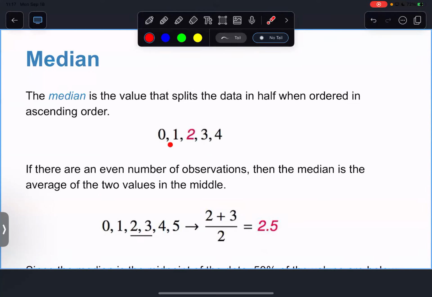And what do we have to do if we want to split our data in half? Well, we have to sort it first. Okay, so step number one here is step one, sort your data from smallest to largest.